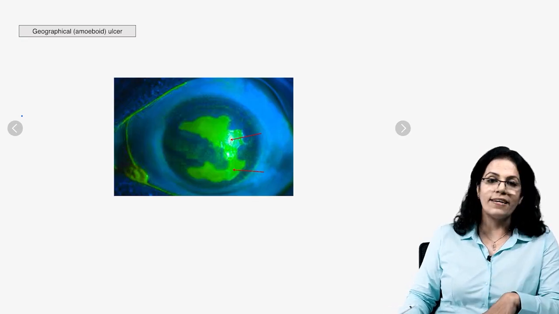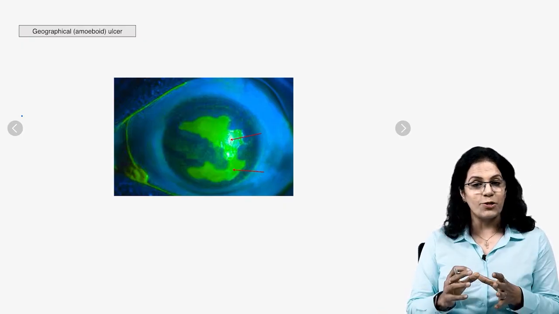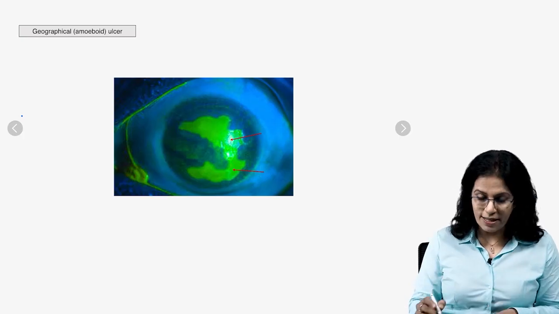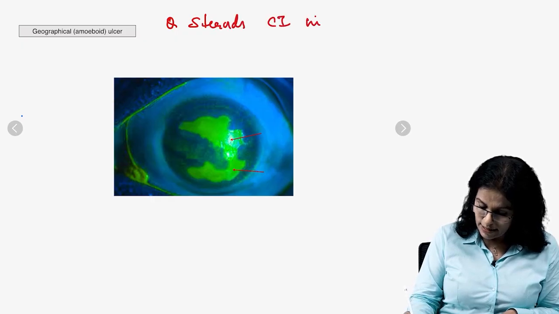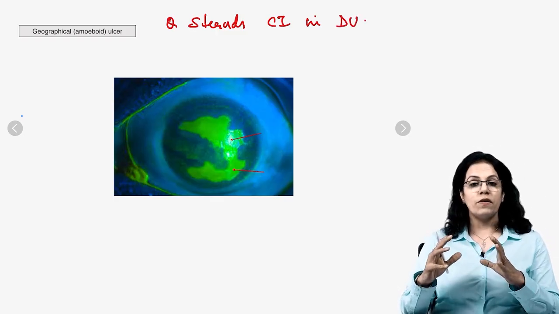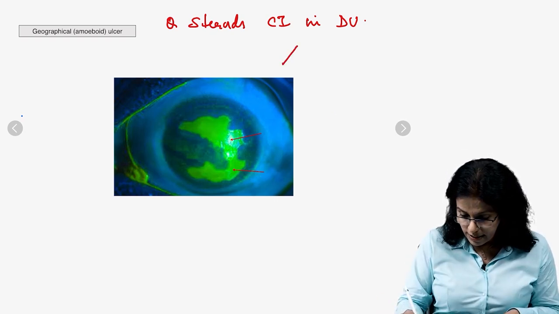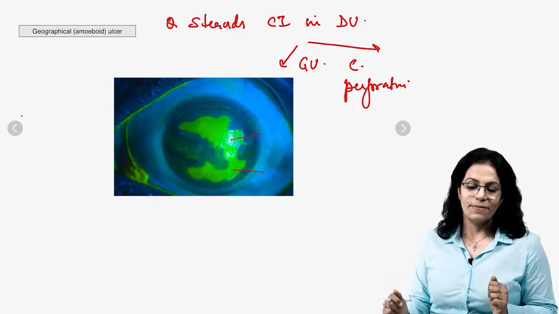Another very important repeated exam question: steroids are contraindicated in dendritic ulcer. DU means dendritic ulcer. Why? It can lead to a geographical ulcer or it can cause corneal perforation as well. Therefore it is contraindicated in dendritic ulcer.